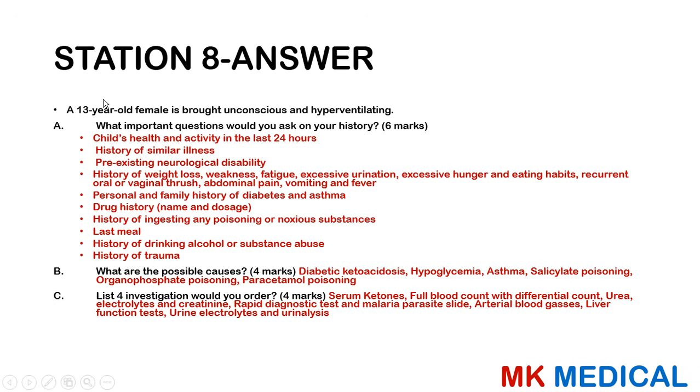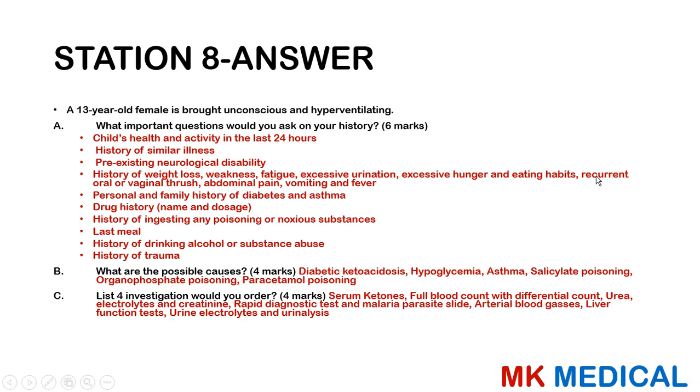So you pretty much want to ask about the child's health and the activity in the last 24 hours. Is there any history of a similar illness? Did they have any previous pre-existing neurological disability? Is there any history of weight loss, weakness, fatigue, excessive urination, excessive hunger, and eating habits that have changed?